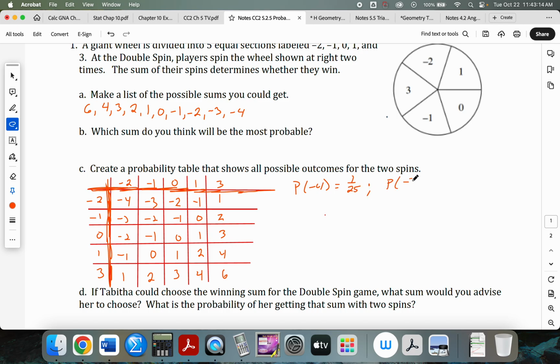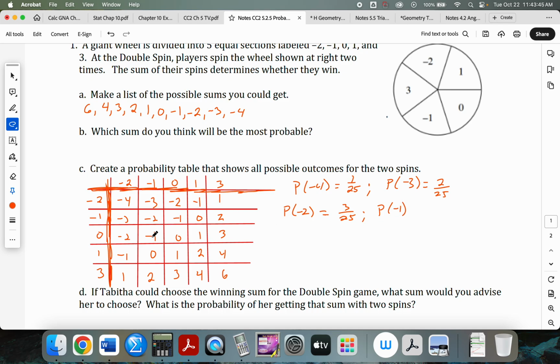All right, what's the probability of getting -3? 2 out of 25. What's the probability of getting a -2? 3 out of the 25. Still not particularly likely yet, is it? All right, what's next? -1?